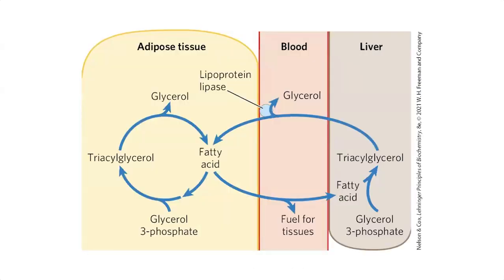The way that you chop off the fatty acid tails from extracellular TAGs, so ones that are outside of cells in your bloodstream, is that in the walls of your endothelial cells, so the walls of your blood vessels, there's this lipoprotein lipase, and it can chop off the fatty acids so that the fatty acids can come into the cell, whereas the TAGs could not.